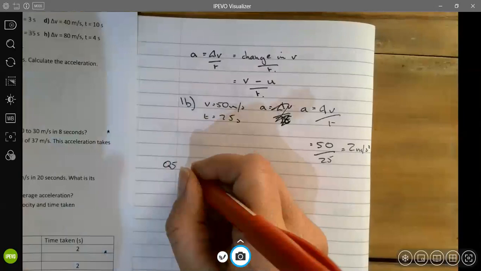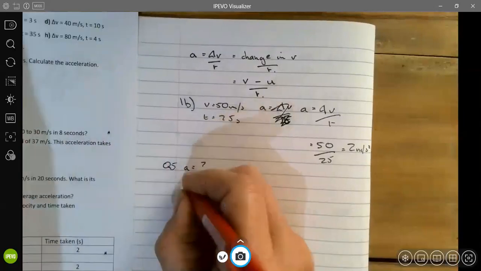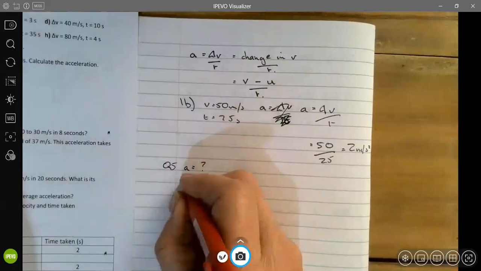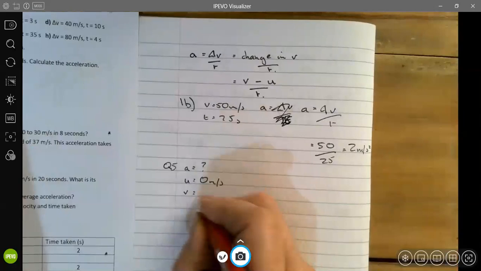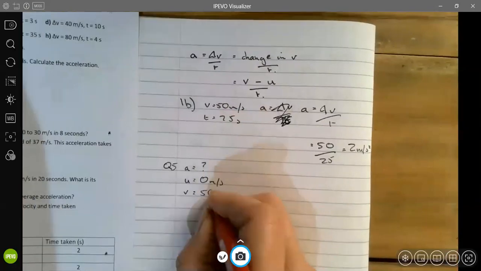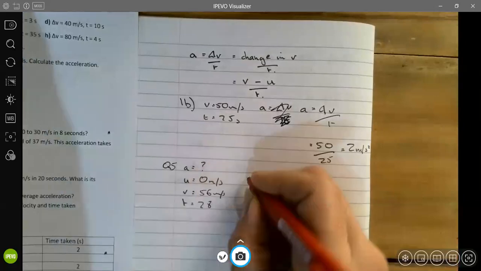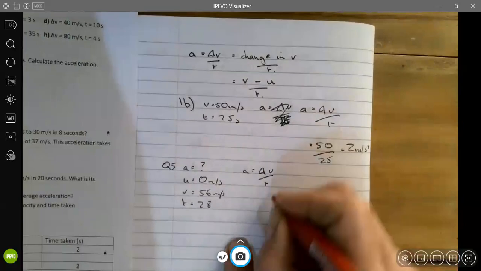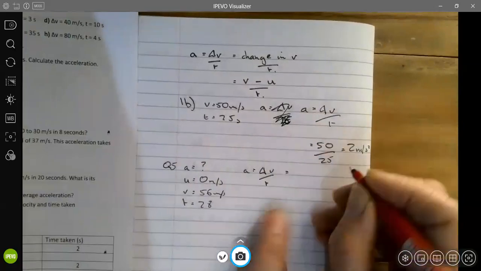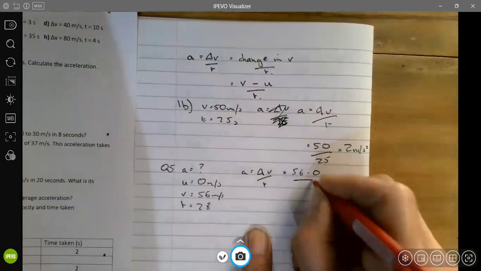We have acceleration, that's what we're finding. We have initial velocity, u, is equal to 0 meters per second. Final velocity is equal to 56 meters per second. And time is equal to 28. So A is equal to change in velocity over t. And that change in velocity is equal to 56 minus 0 all over 28.